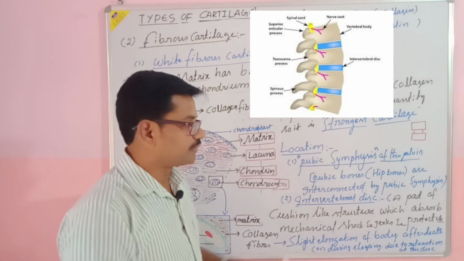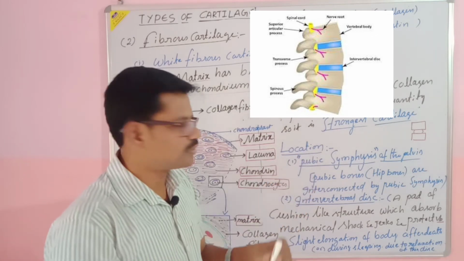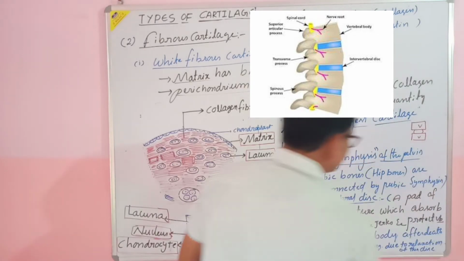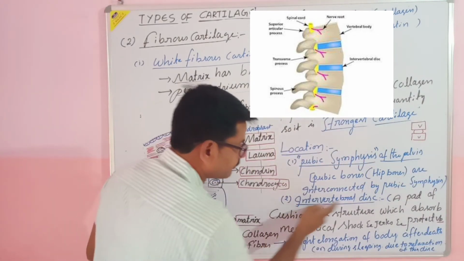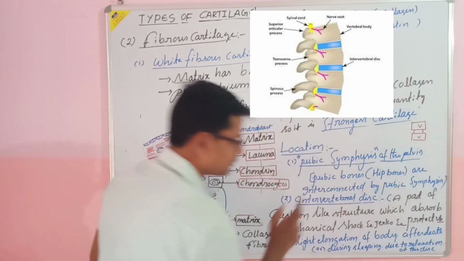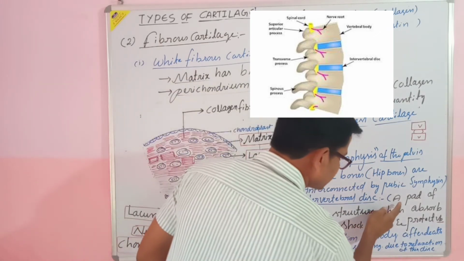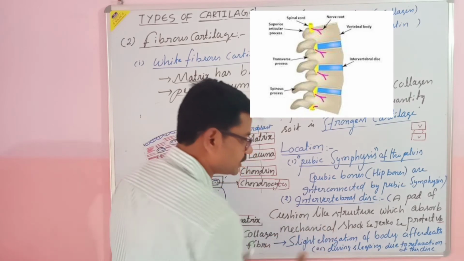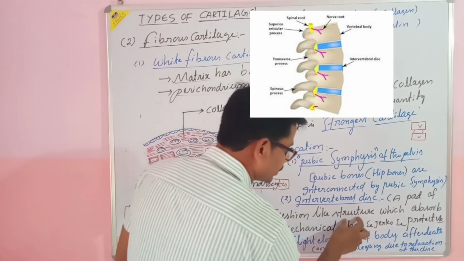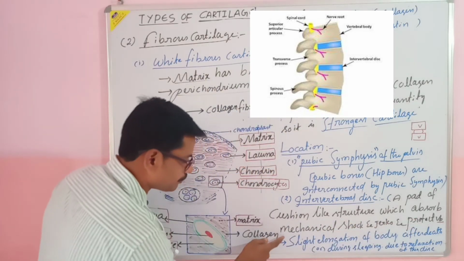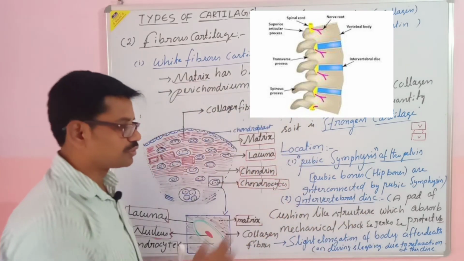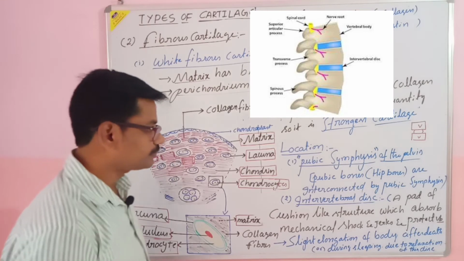Each vertebra is connected by an intervertebral disc. What is meant by intervertebral disc? It is a cushion-like pad, like a seat, which absorbs mechanical shock as well as jerks. It gives protection to the vertebral column, right?